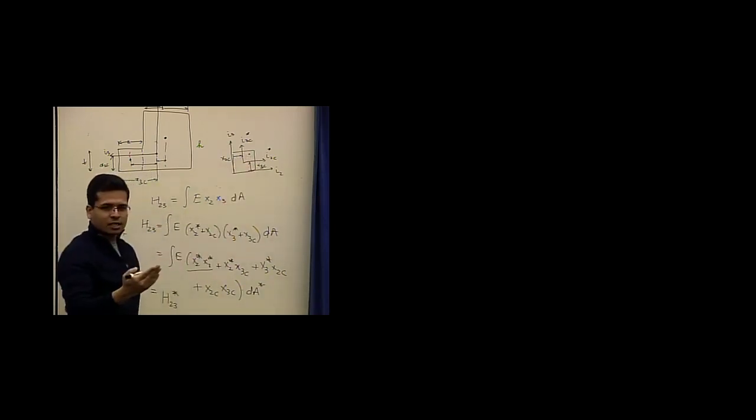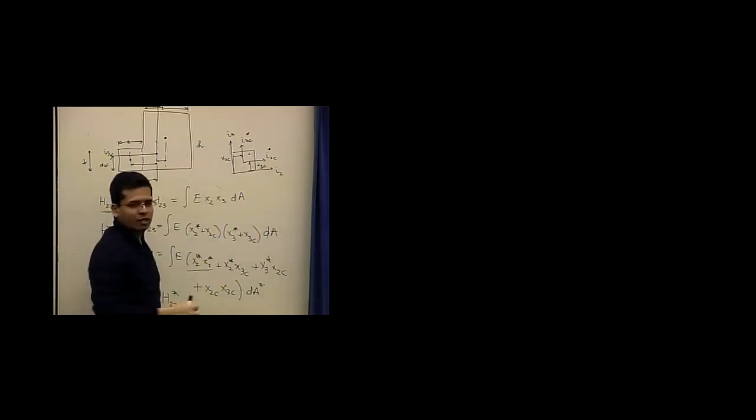And x2 star is what? X2 star is a coordinate in the reference frame I2 star and I3 star. So for example, if I have a point here, I can give the identity of this point either by using the starred frame or by the normal frame, right? In the normal frame, its coordinate would be x2, x3, but in the starred frame, its coordinate will be x2 star, x3 star.